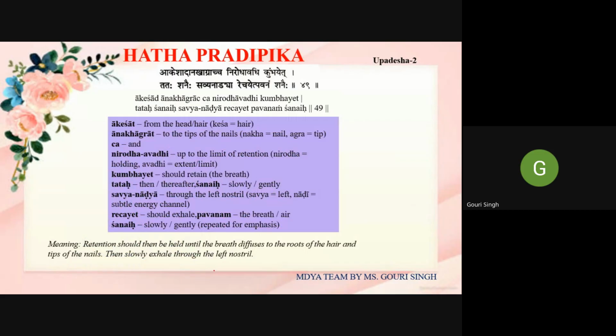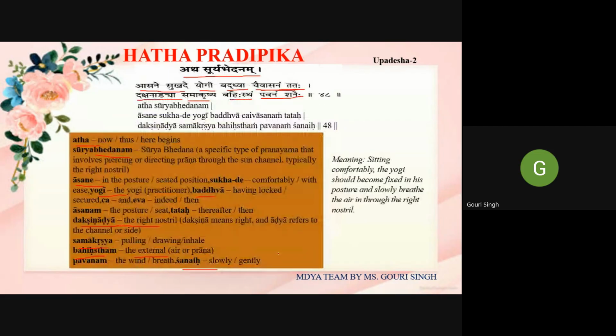Yes, in the next verse it is mentioned that you have to do it in the left nostril. But here it is directly said that you inhale the air from outside through the right nostril, very slowly.